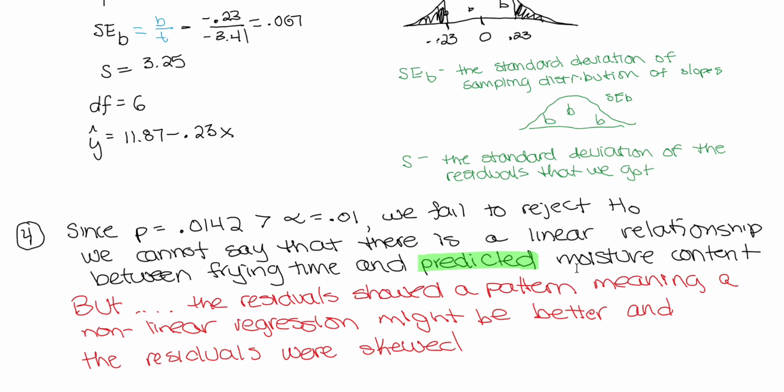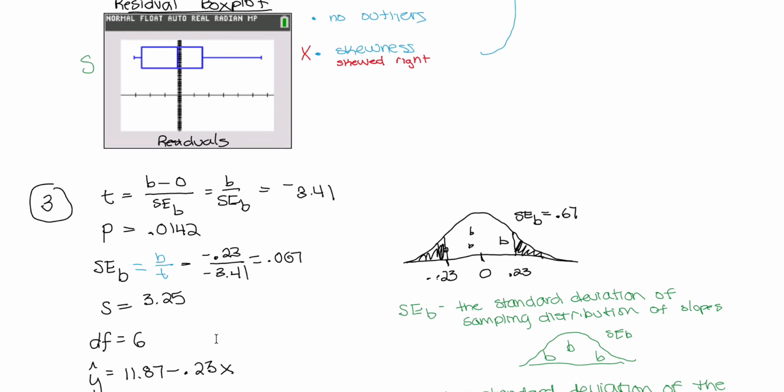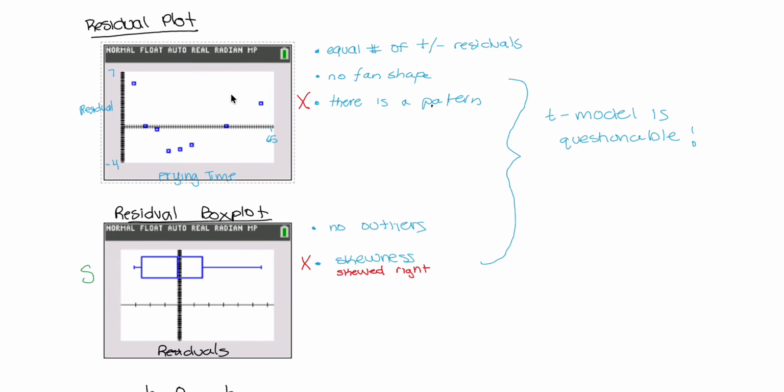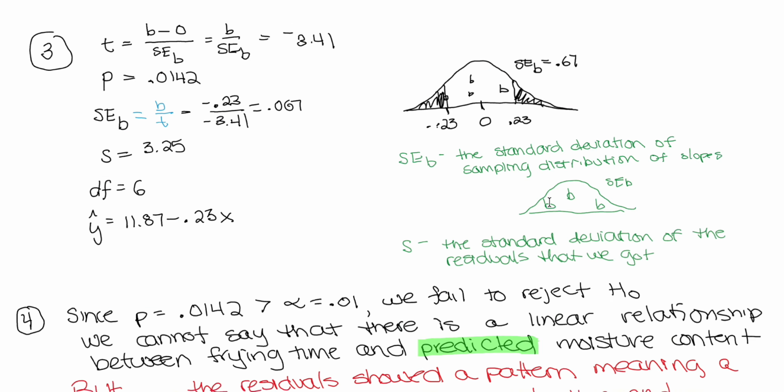And predicted moisture content, but the residuals showed a pattern, meaning a nonlinear regression might be better, and the residuals were skewed. So remember in step 2, when we were testing our conditions for the residual plot and residual box plot, we found out that there is a pattern in the residual plot and the box plot is skewed right. So the t-model is questionable.